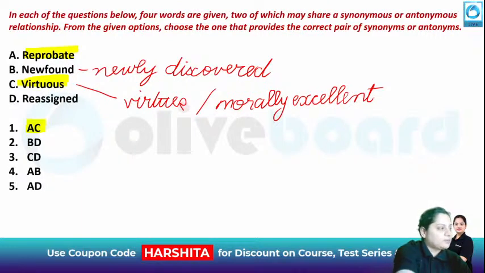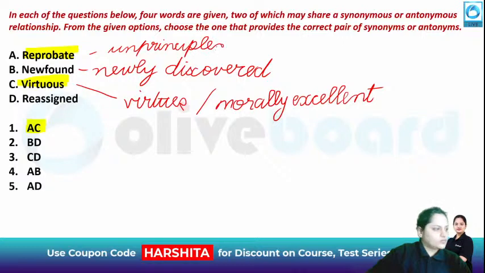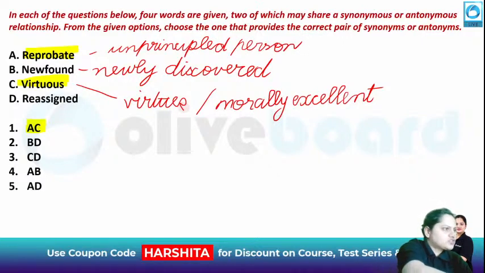Reprobate will be an unprincipled person, right? Unprincipled person. So opposite will be correct, who is always right, honest, morally correct, upright, right? So this is an antonym pairing, A and C, reprobate and virtuous. Virtuous, remember, through values, virtues.